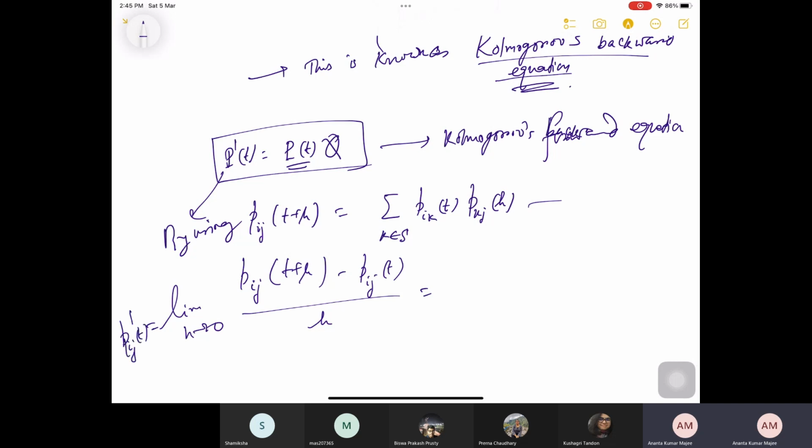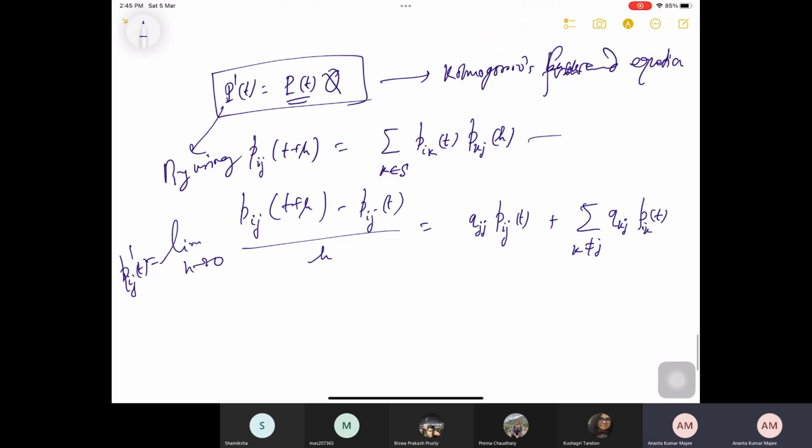Now you will end up with exactly Qjj Pij of t plus summation over k not equal to j of Pik of t Qkj.